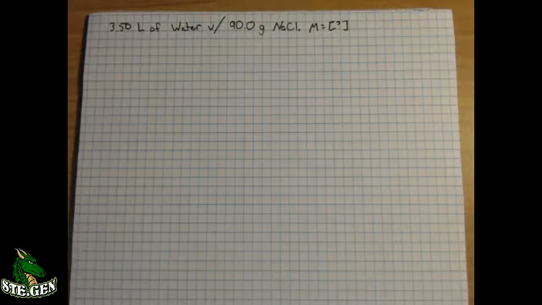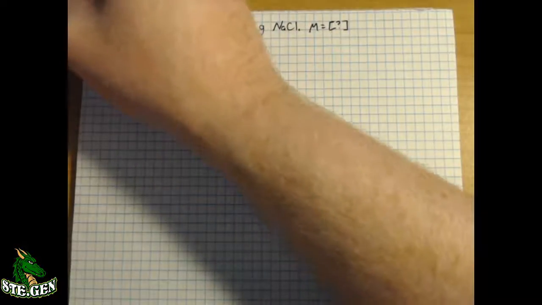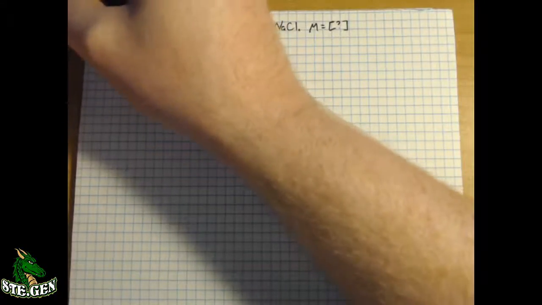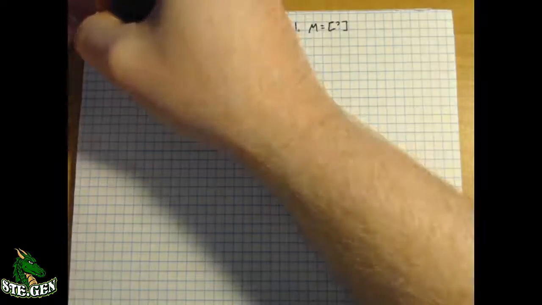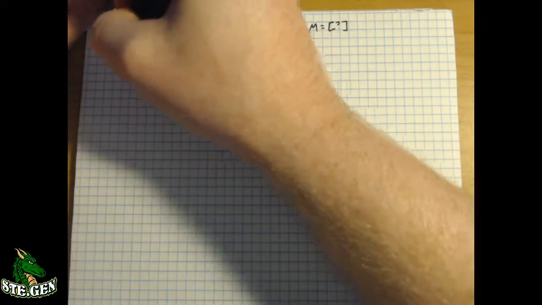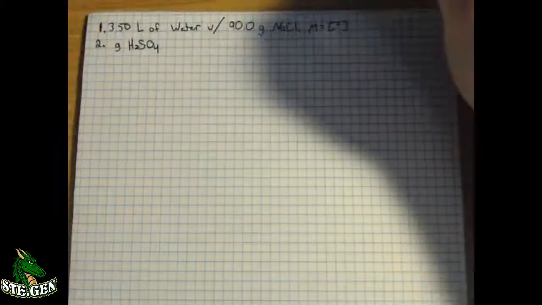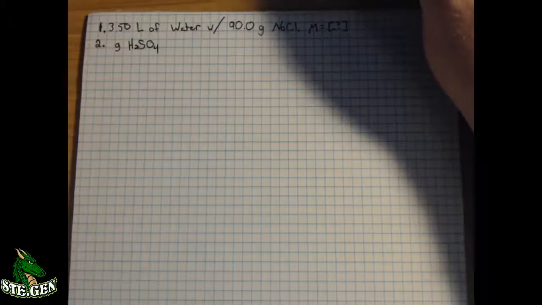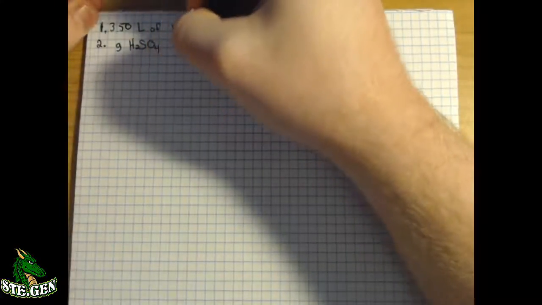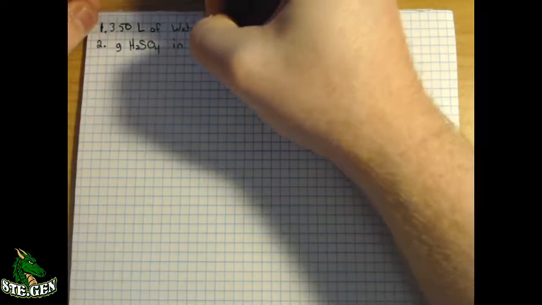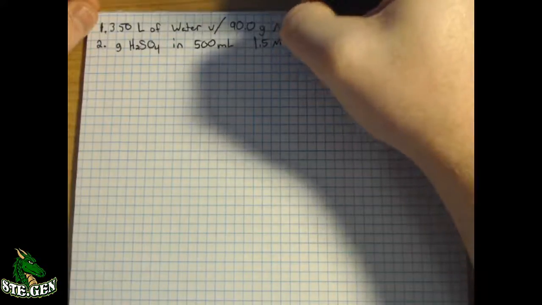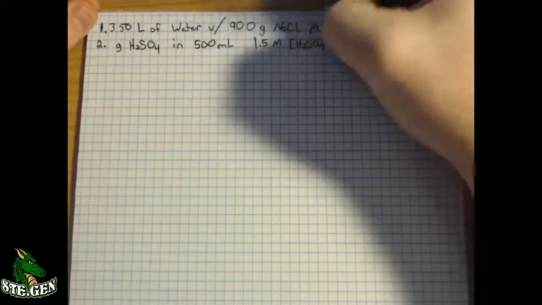Okay, and I'll write the second one just so I don't have to keep clicking back and forth between them. Our second question is how many grams of H2SO4, because it says how many grams are present in 500 milliliters of that. I guess it was kind of vague in the problem, but you're looking for grams of H2SO4 present in 500 milliliters of 1.5 molar H2SO4 solution.